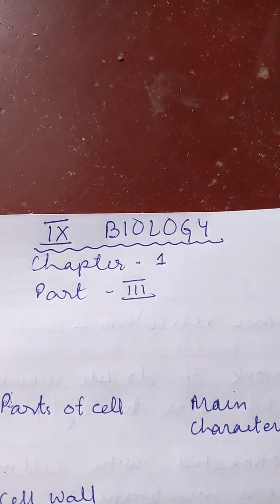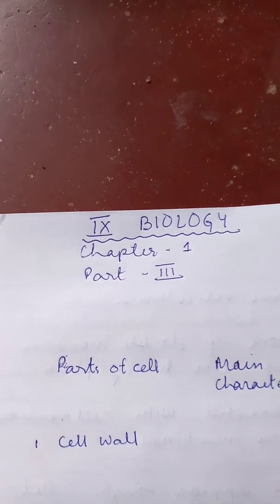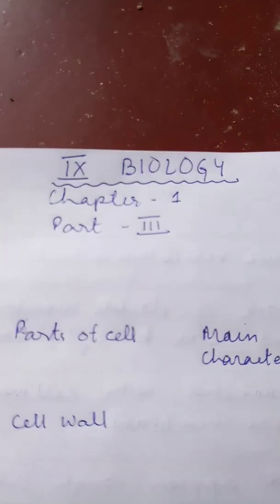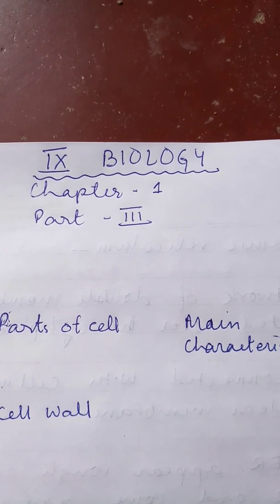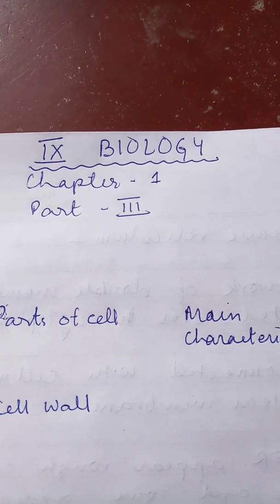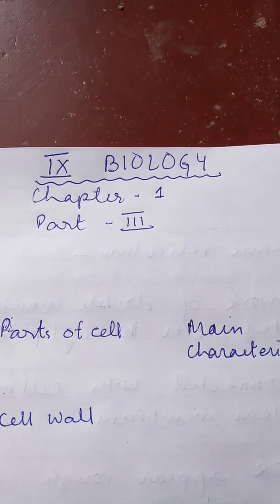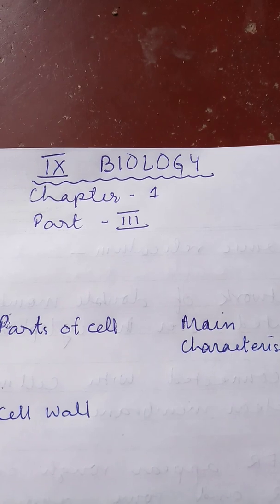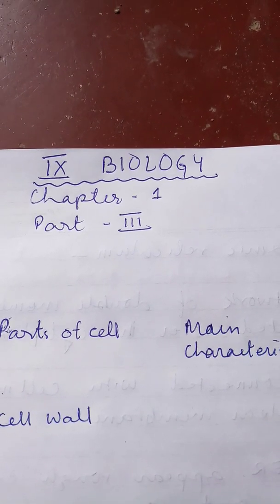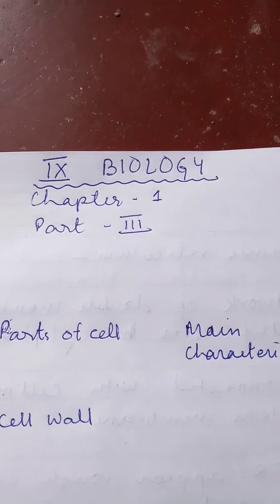This will help you a lot. So today in this session, that is in part 3, we will discuss all the parts of a cell, either living, non-living, cytoplasmic part or the part inside the nucleus.